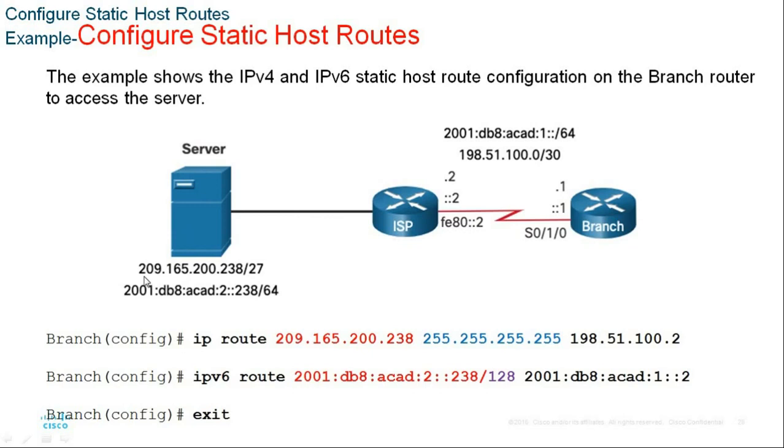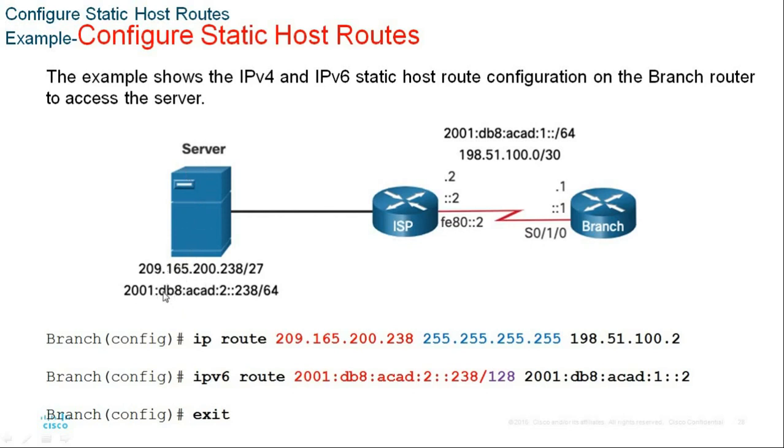The server IPv4 address is 209.165.200.238/27, and the IPv6 address of the server is 2001:DB8:ACAD:2::238, with a /64 prefix. So we have assigned an IPv4 address as well as an IPv6 address to this server.